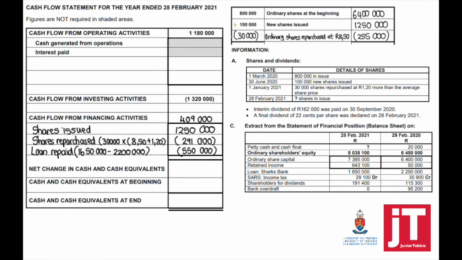Whatever we declared or recommended at the end of last year must be paid this year, plus the interim dividends 162,000. This is an outflow, so it must be shown in brackets. Be careful. The final dividends recommended at the end of this year, we do nothing with that. That will only be paid in the next financial year.